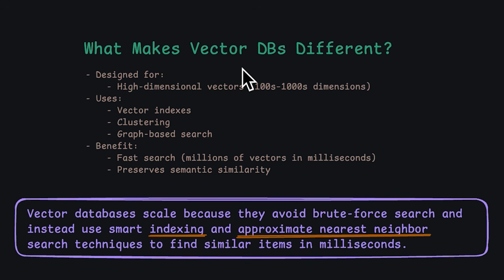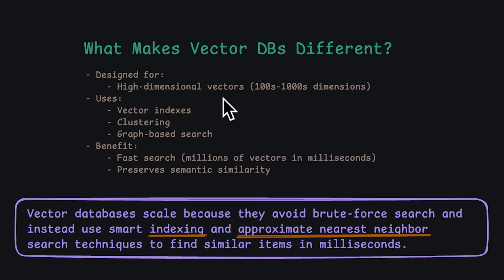Okay, now let's take this one step deeper and understand what makes vector databases so different from traditional databases. Vector databases are designed to store high dimensional vectors, even thousands of dimensions. We'll understand what vectors are later in this course.